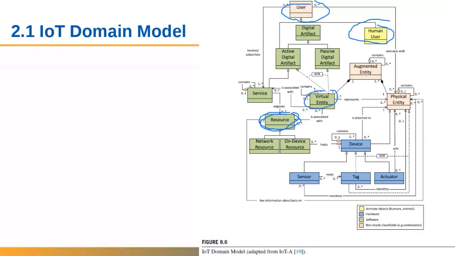And we have the virtual entity, and we have artifacts, and the resources usually are exposed as functionality through services, and we have the physical entity and augmented entity. Basically, you install sensors on the physical object, so it is an augmented entity. And for the device, we have the sensor, tag, and actuator.